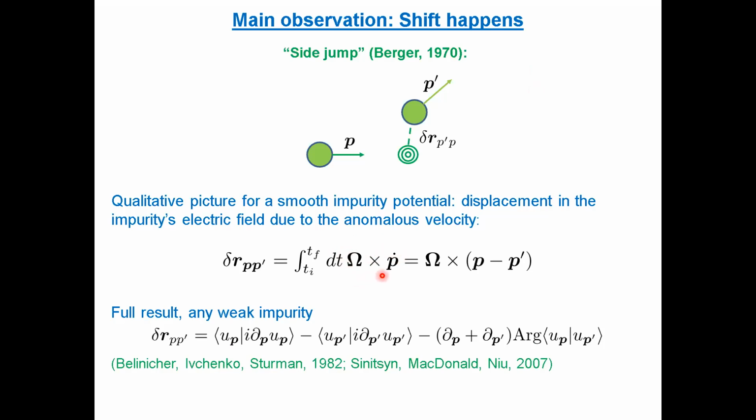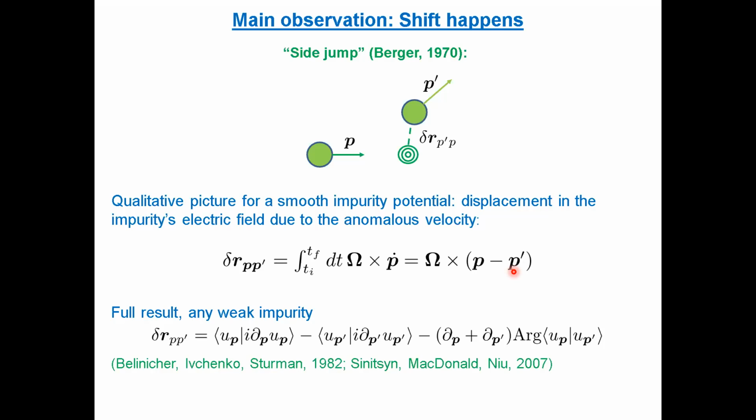If we take the anomalous velocity, Berry curvature cross P dot, and integrate it over the duration of the collision, and we assume that momentum doesn't change much because the potential is very smooth, we basically get this result of omega crossed with the difference in initial and final momenta for the shift of the electron. This result only works for these very smooth impurities.